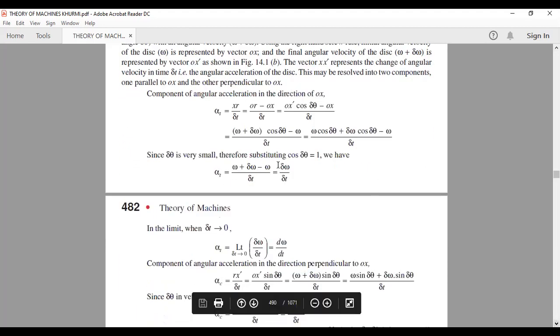Next, these components are referred to the angular acceleration in the direction of OX.